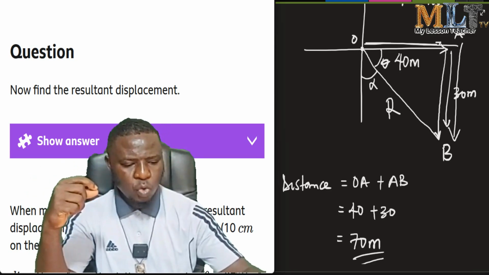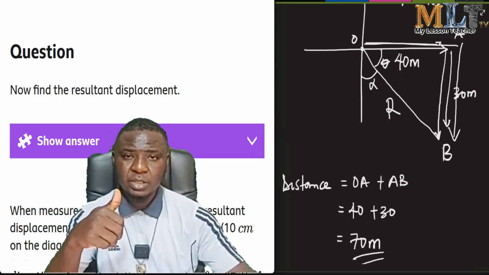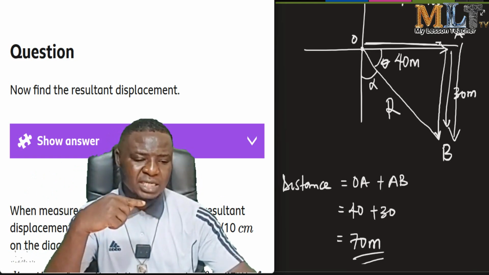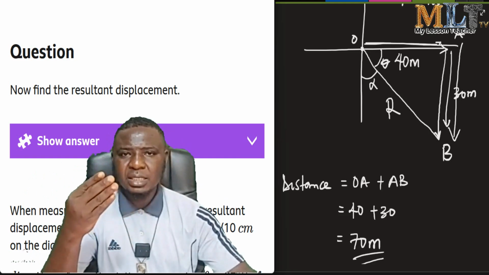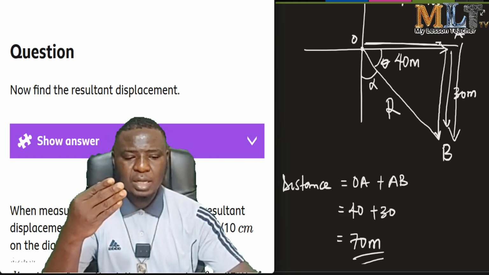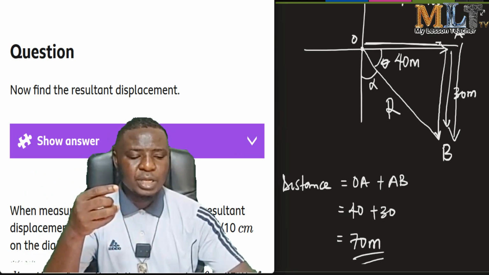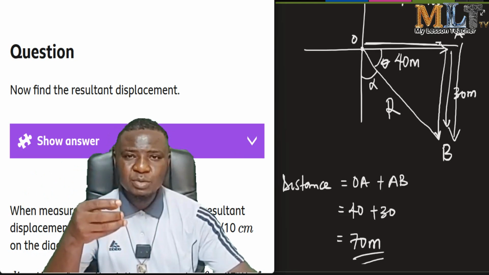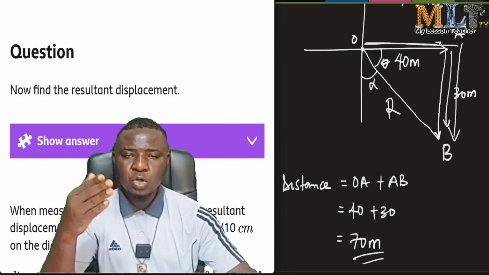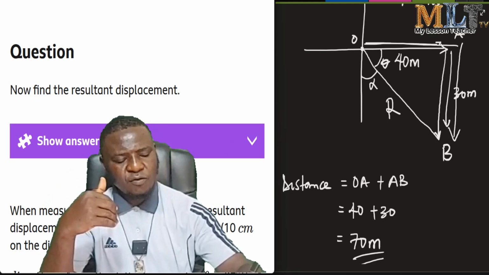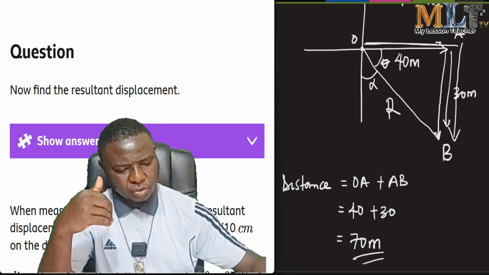Now she started from point O and now she's at point B. So we have to find the distance in the specified direction. In most cases, when you are using coordinate geometry, we give the direction in terms of either northeast, northwest, southeast, or southwest. So let's first of all find the resultant distance.